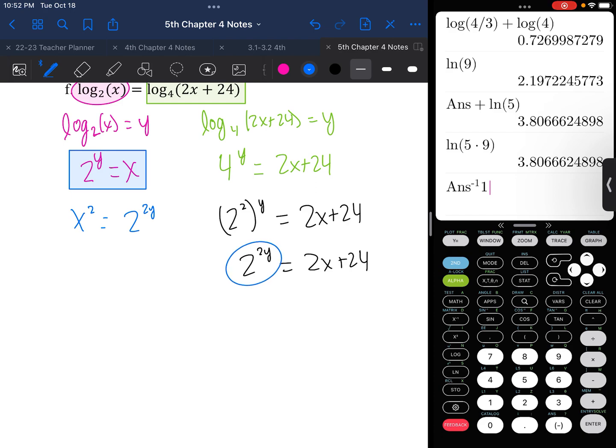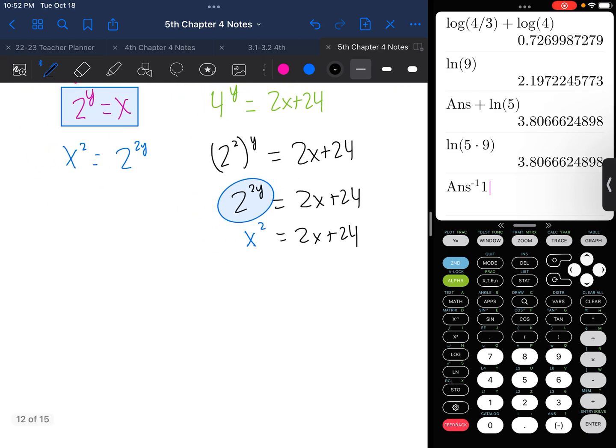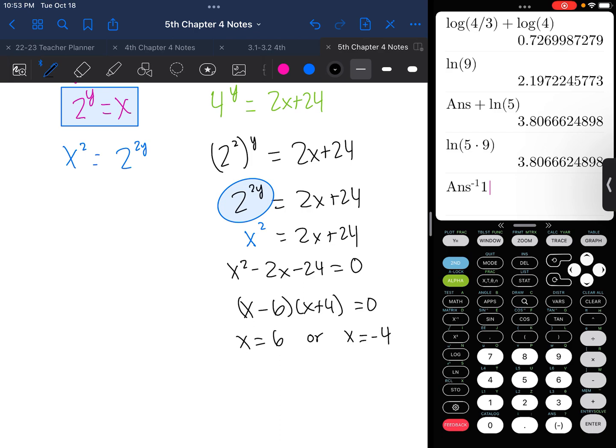But this is 2 to the 2y, so we're going to substitute this out for an x squared. So then we get everything on one side and try to factor. The factors of 24 that would work here are -6 and +4. So either x equals 6 and or x equals -4.